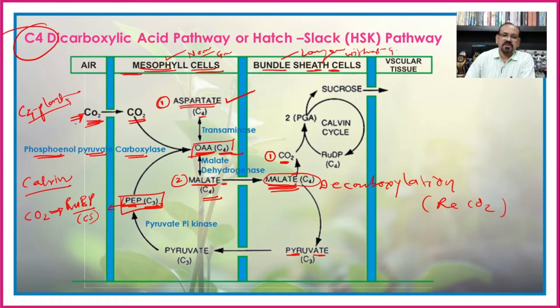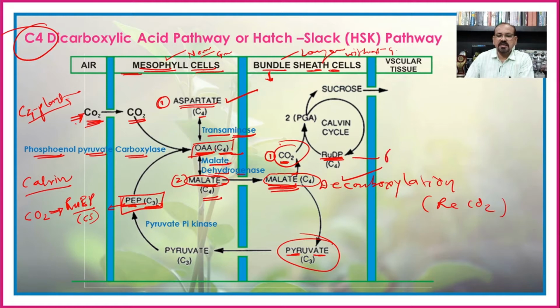The formation of aspartic acid from oxaloacetic acid is catalyzed by the transaminase enzyme, and the formation of malic acid from oxaloacetic acid is catalyzed by the enzyme malate dehydrogenase. When there is a decarboxylation of this malic acid into carbon dioxide and pyruvic acid, this carbon dioxide in the bundle sheath cell is absorbed by ribulose 1,5 bisphosphate.